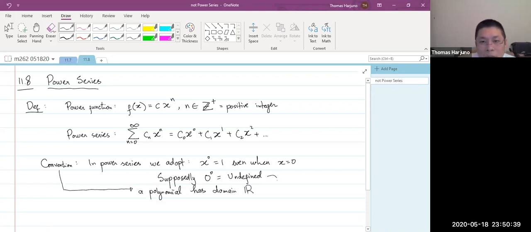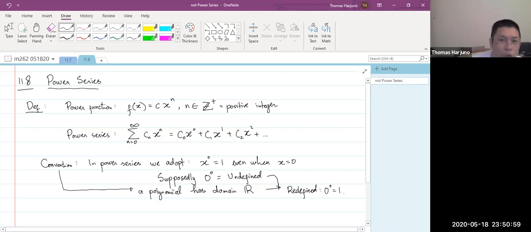Such that we fix this discontinuity by defining, we redefine it as one. Okay, which is actually not true in general. That's not true in general.